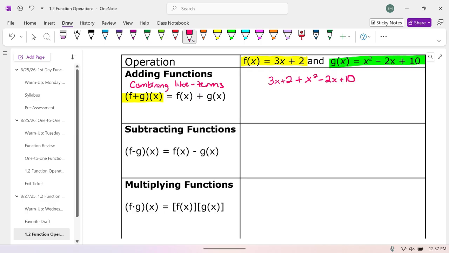All right. So when we're combining like terms, can someone raise their hand and tell me what makes a like term a like term? How do we know if two terms are like terms? So 10 and 2, for example, is definitely a like term. But how do you know they were like terms?